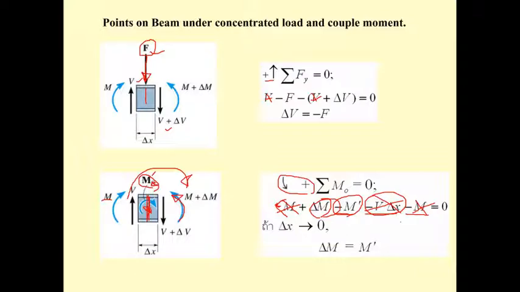Then we have the change of the moment from the left to the right at this point. If the moment is clockwise, the change is going to be increased by the given moment. However, if the shear is downward, the effect is going to be decreased. But if the force is upward, the delta V is going to be increased, or positive.